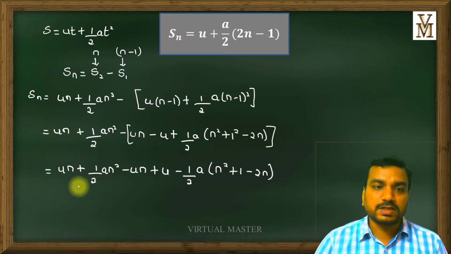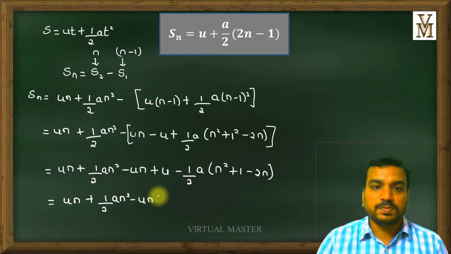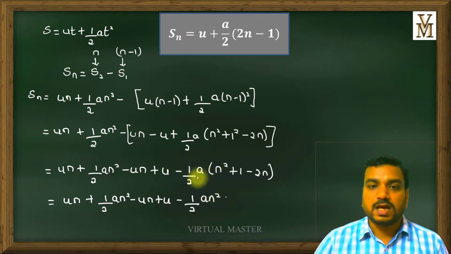If we further simplify, we get un plus half an square minus un plus u minus half an square minus half a into 1, which is minus half a, and minus 1 by 2 into 2 will be cancelling each other, so I can write an. Minus into minus, it will be plus.